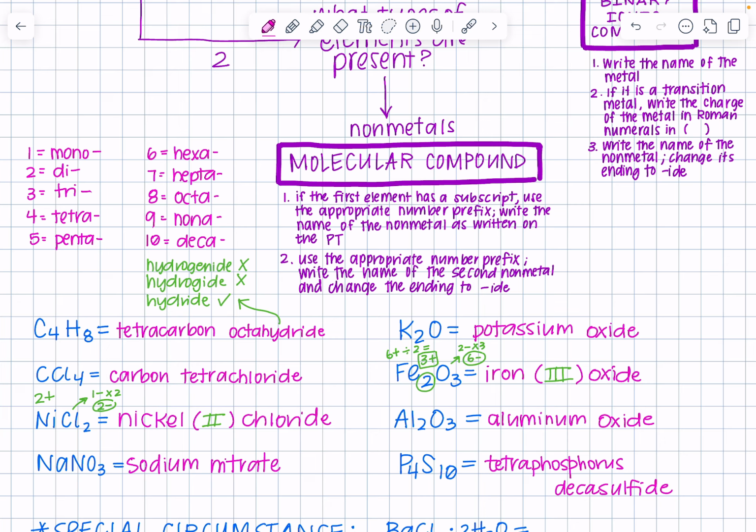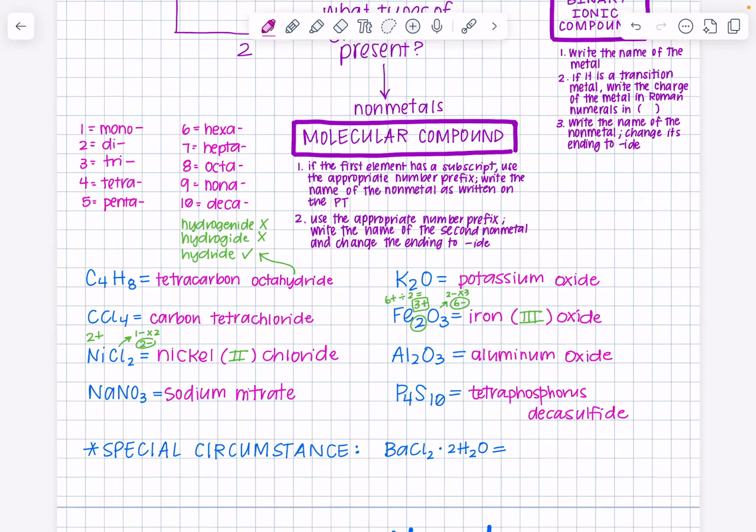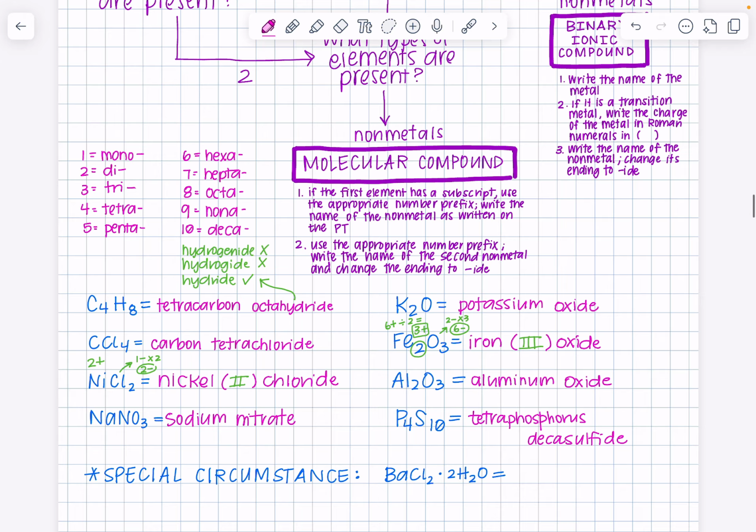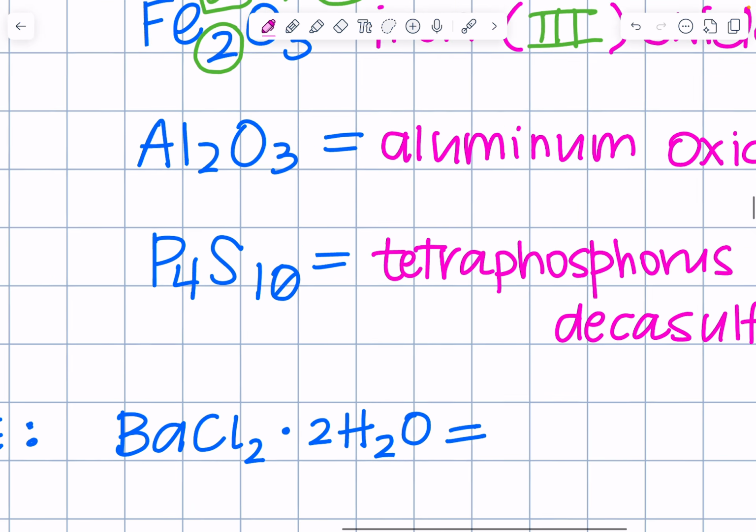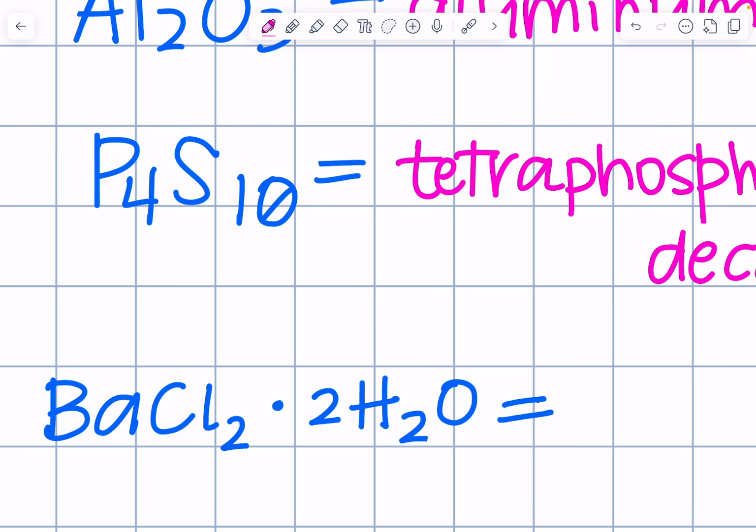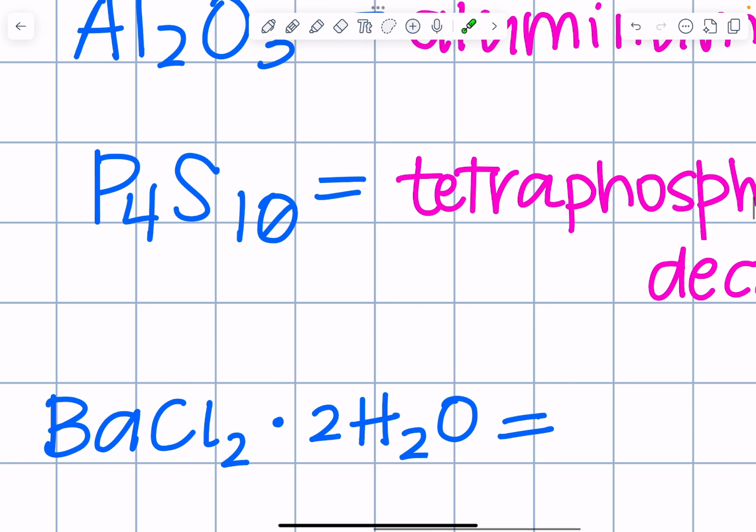Okay, I have one last special circumstance that I want to teach you guys how to name. And that would be if you have a hydrate. This is a weird notation, but it just is what it is. It's going to be some ionic compound, and then you will see this dot here, and then a number of water molecules behind that dot.